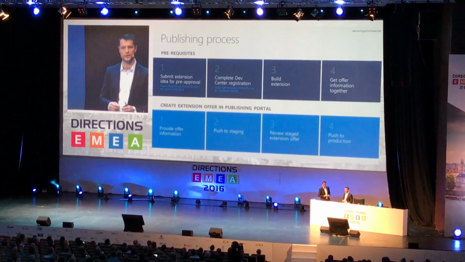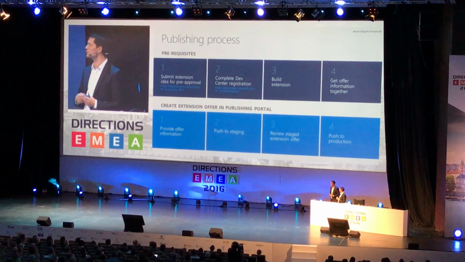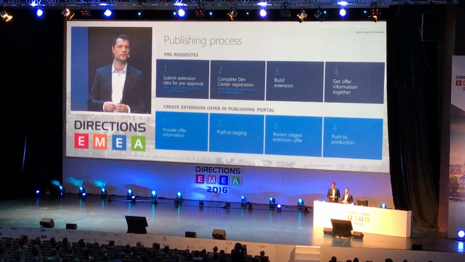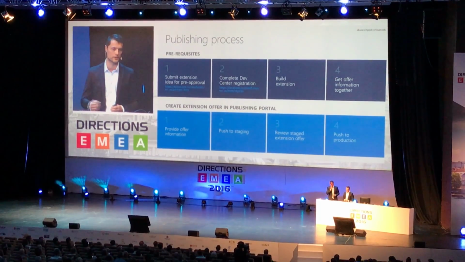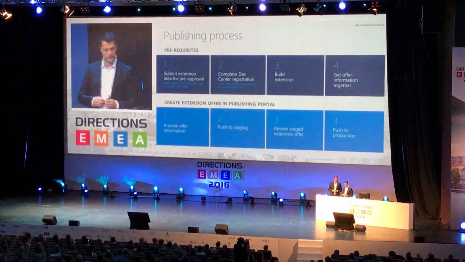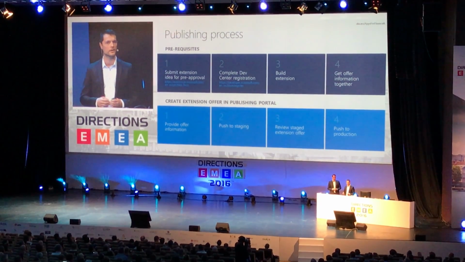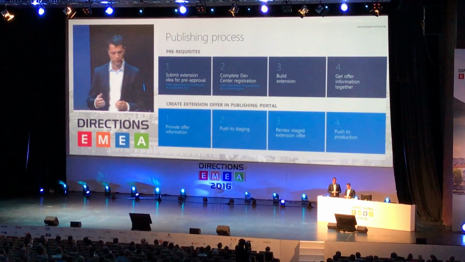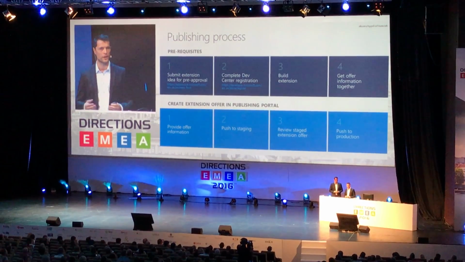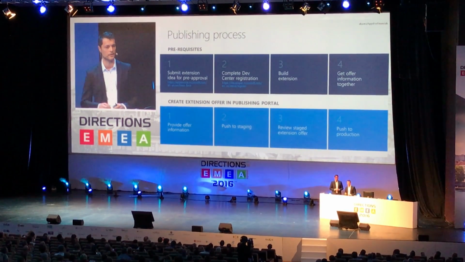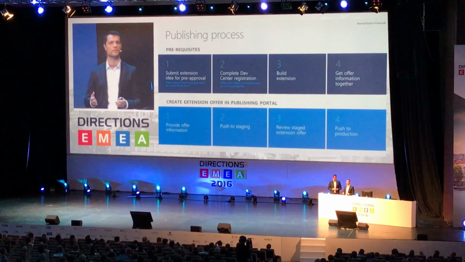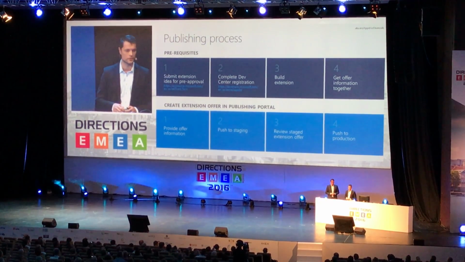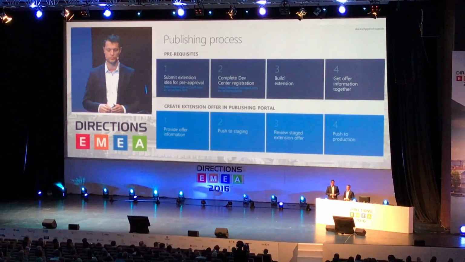You push it into staging, and once you do that, we'll do some validation of the app. That validation includes things like making sure that you're using the right .NET library, that your code is passing some tools that will run on it, and that you're using the correct range and things like that. That's what happens when you push it into staging. Once it's reviewed, it will be pushed on to production.